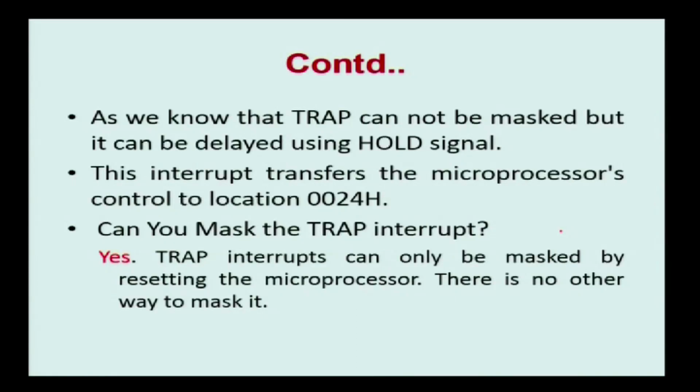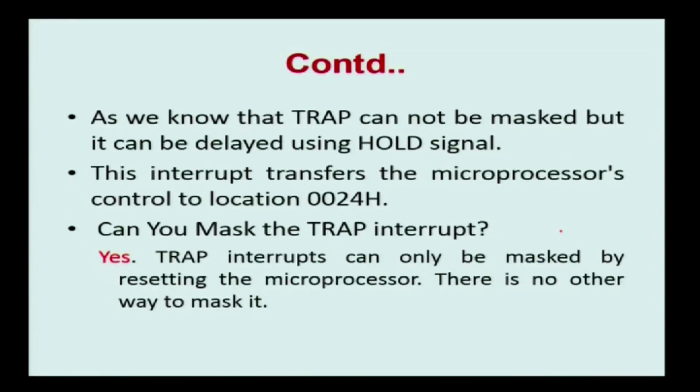Non-maskable interrupt means we can enable the interrupt, but we cannot disable the interrupt. It will be disabled only after meeting the specified condition. Suppose you have specified the power failure, once the power failure occurs, it automatically disables the interrupt. At that time it will read the corresponding subroutine programs.